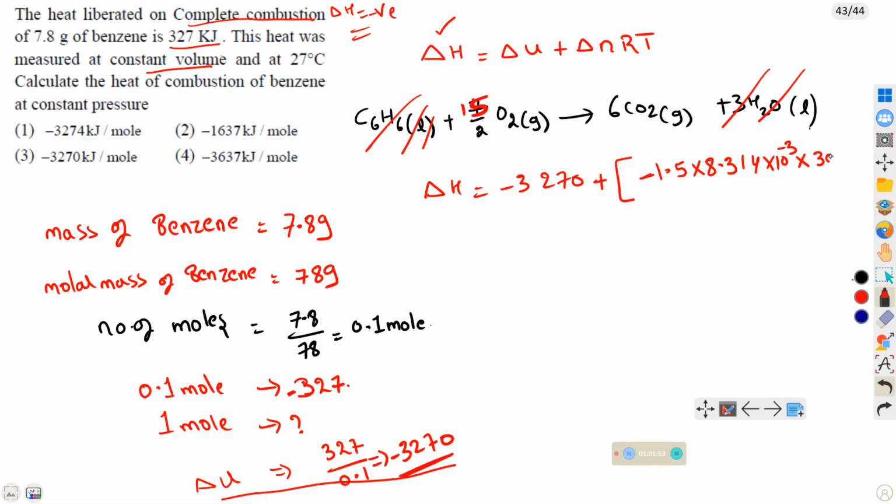Temperature you can take in kelvins, 300. Simplify, then you will get minus 3273.74 kilojoule per mole. So based on that, the correct answer is the first option. Thank you.